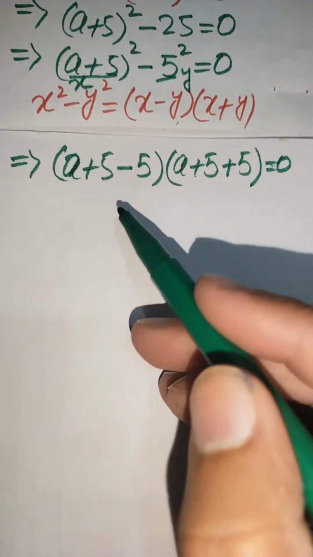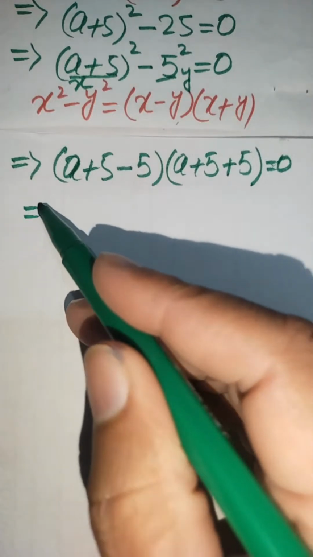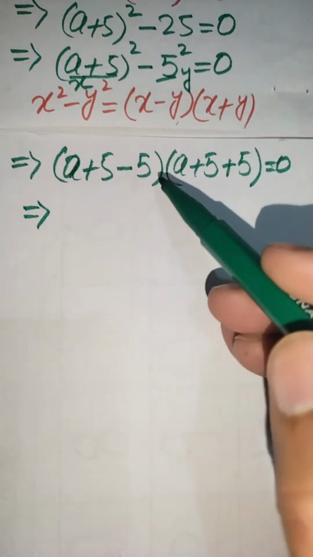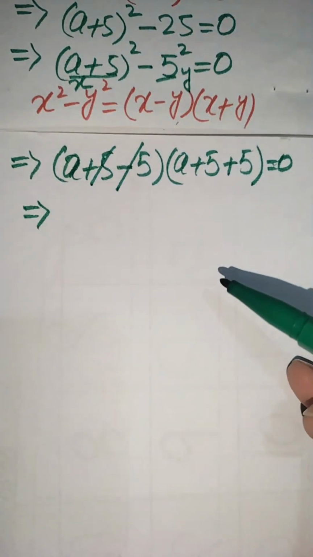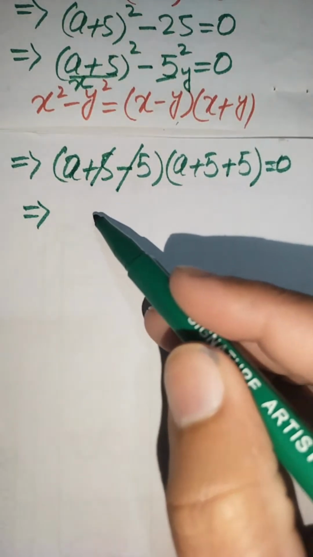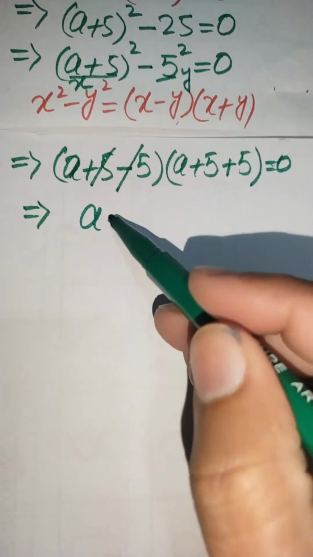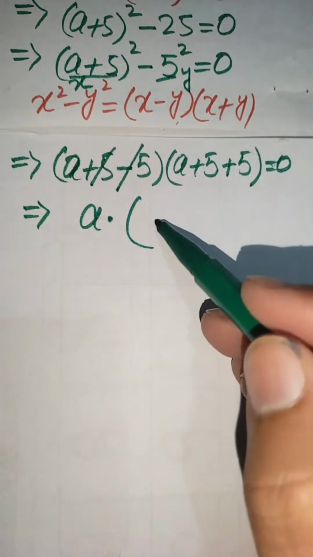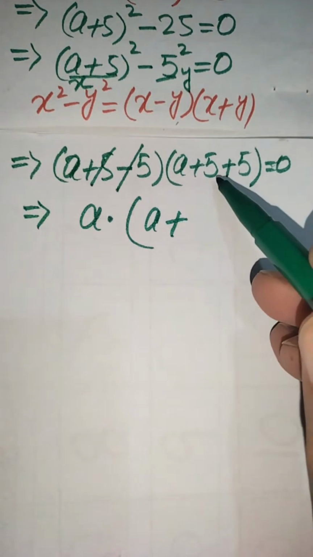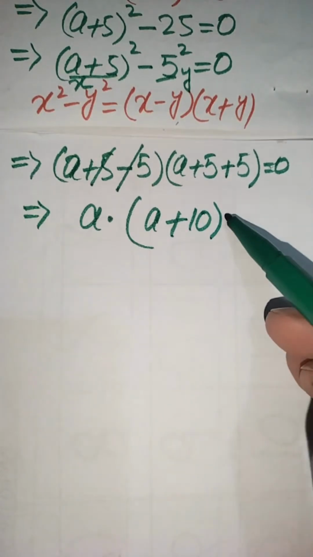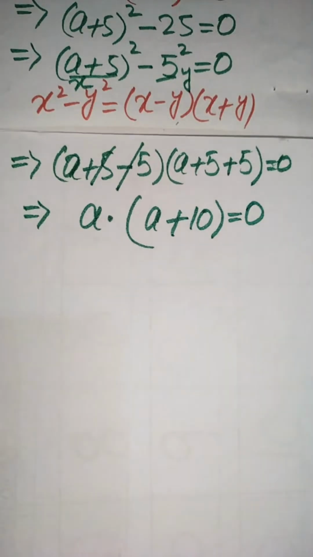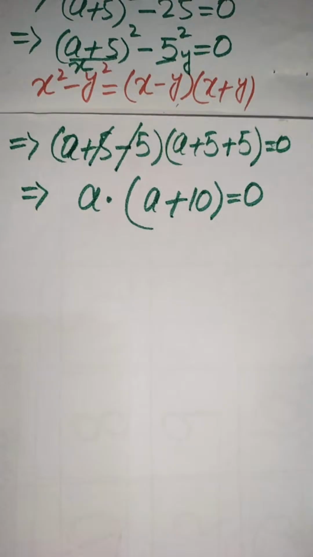In the next step we need more simplification: negative 5 and positive 5 cancel each other out, and we get a only, and from here we get (a + 10), and this whole equation is equal to 0.